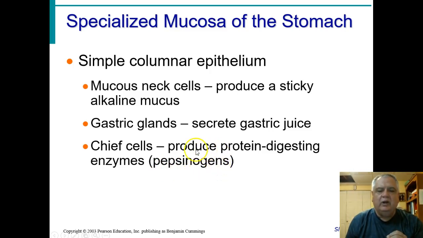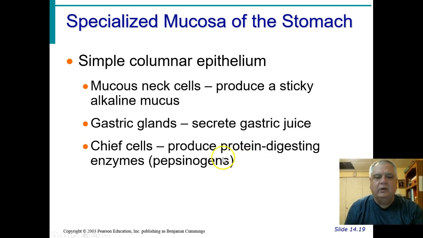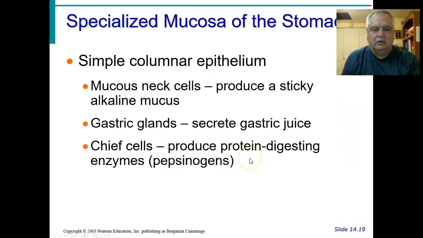Pepsinogen is the precursor to pepsin. So pepsinogen is initially produced, and then we'll see how it gets converted into pepsin once it enters the lumen of the stomach and then causes the digestion of the protein. But the chief cells produce these pepsinogens that ultimately will become activated pepsins to digest protein.